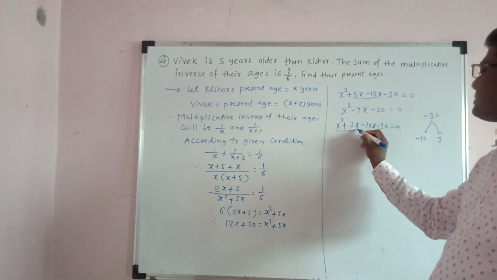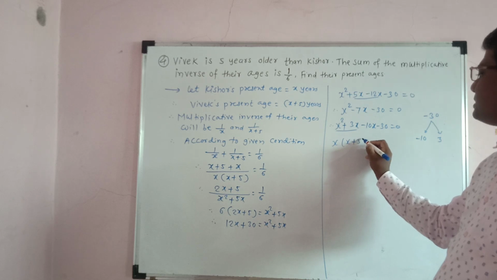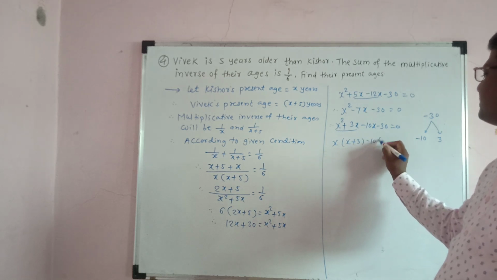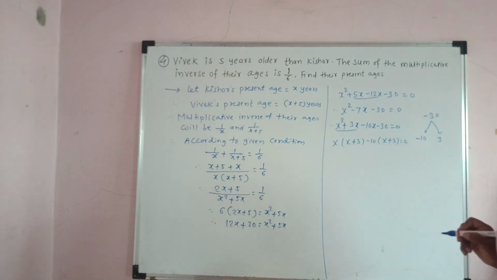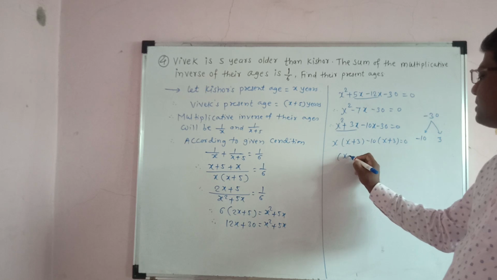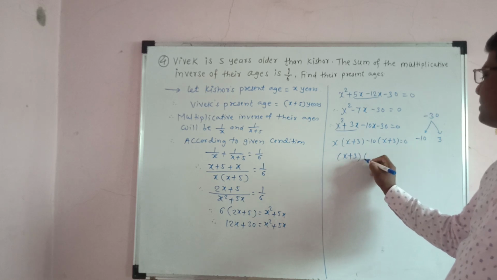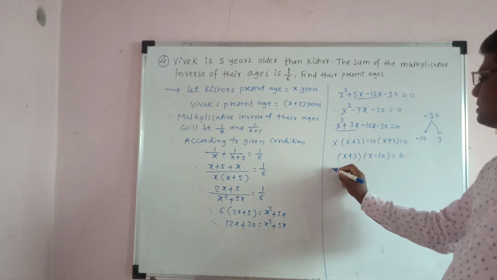Take x common, x in bracket x plus 3, minus 10 in bracket x plus 3 is equal to 0. Now x plus 3 common bracket, in another bracket x minus 10 is equal to 0.